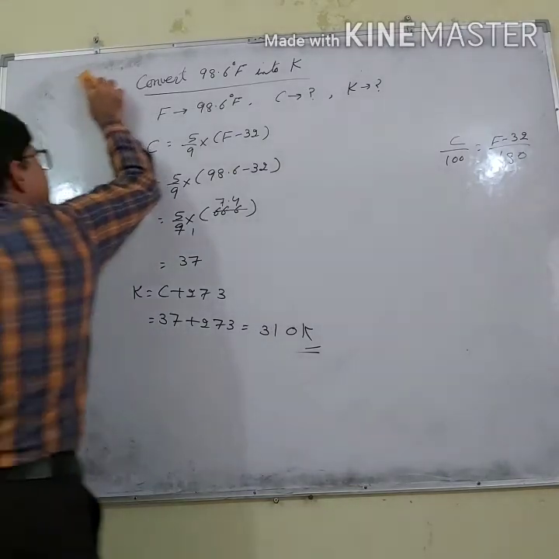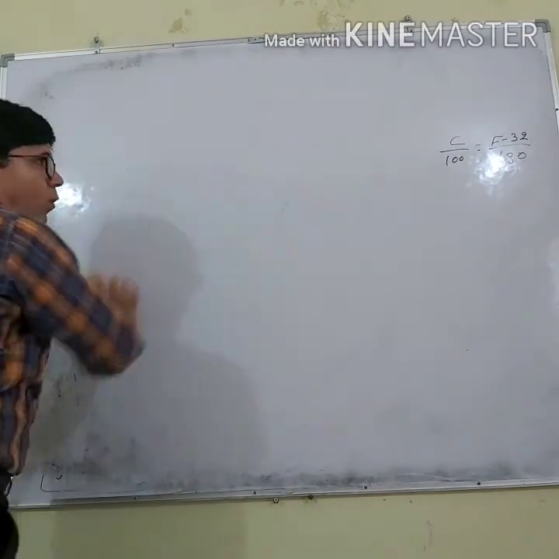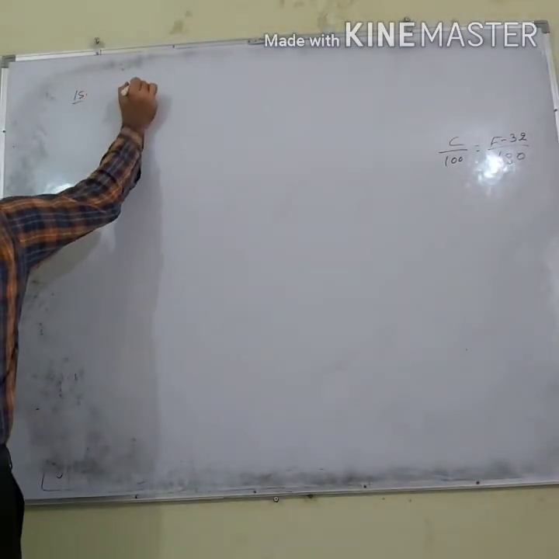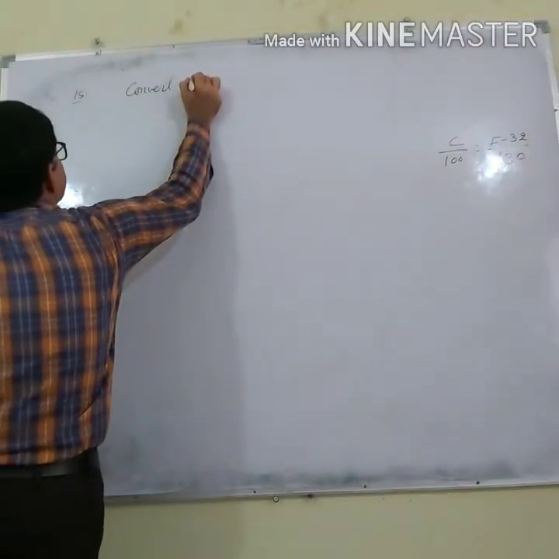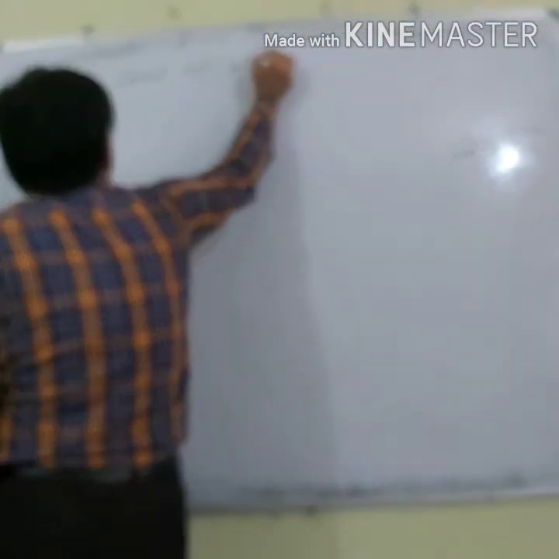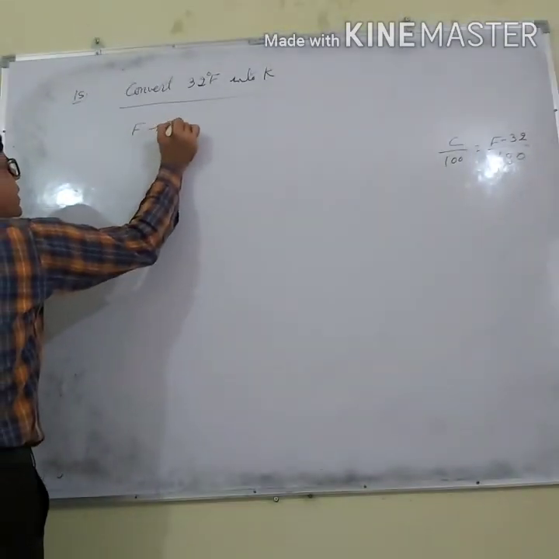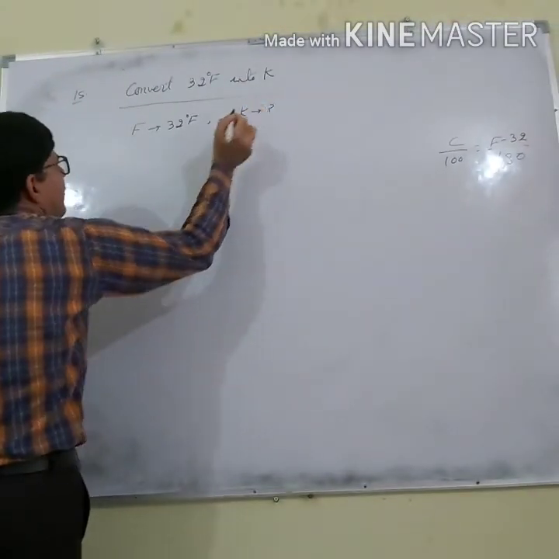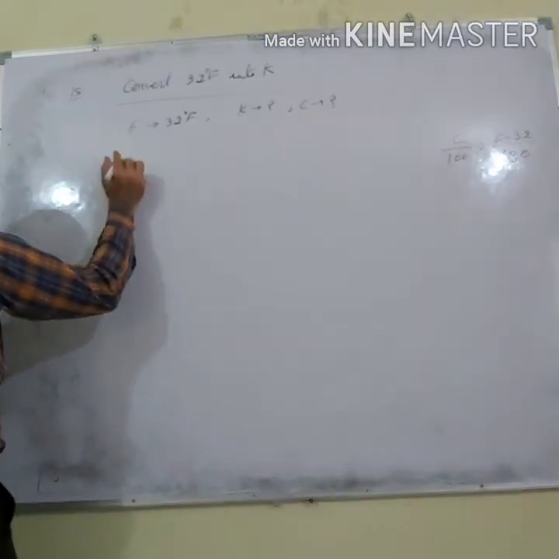Okay, let's do one more question, a simple question. Convert 32 degrees Fahrenheit into Kelvin. How can you do it? F is 32 degrees Fahrenheit. Kelvin I have to find out. For that I have to convert it into Celsius.